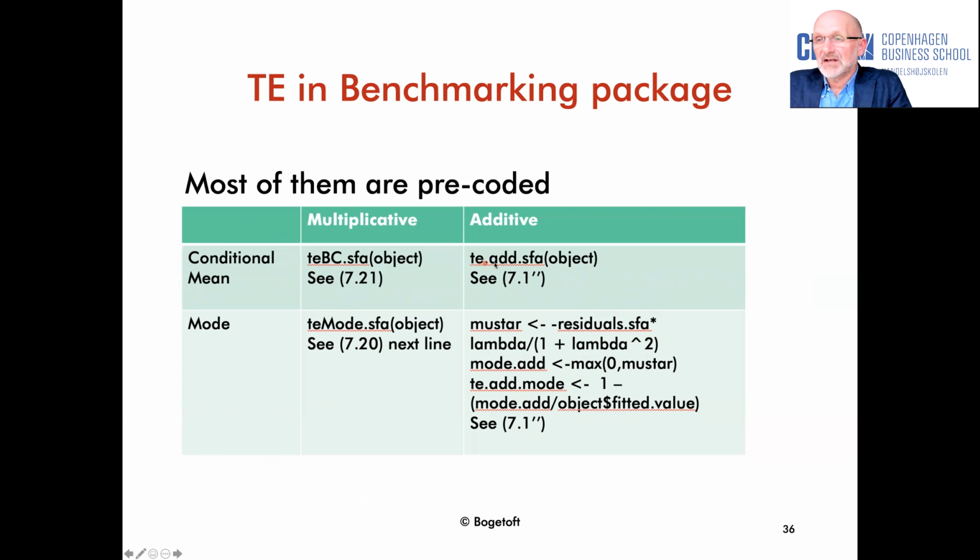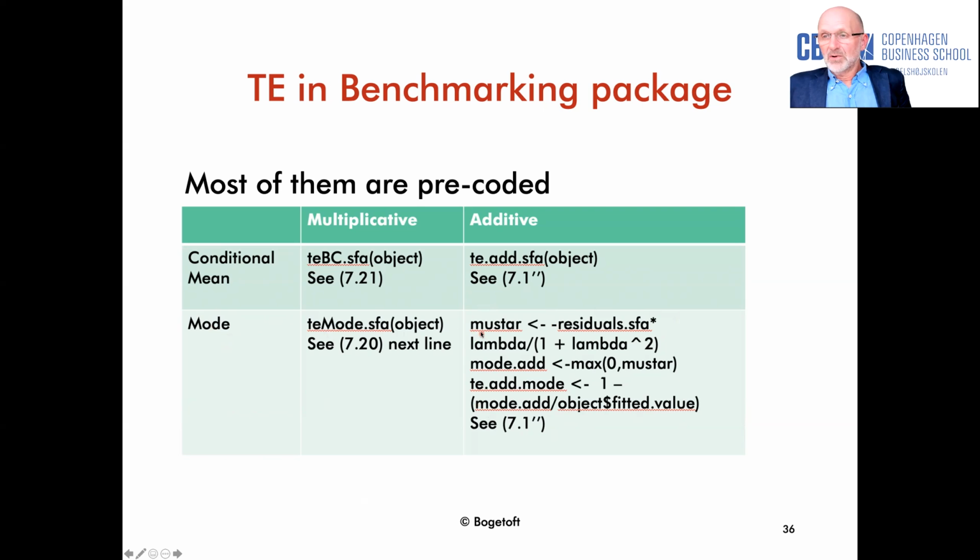It's called TE additive SFA, and you apply that function to the estimated SFA model. As far as I can see, we haven't defined the mode-based technical efficiency in the SFA package. But here I describe how you can do that.